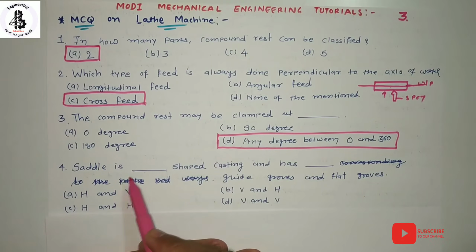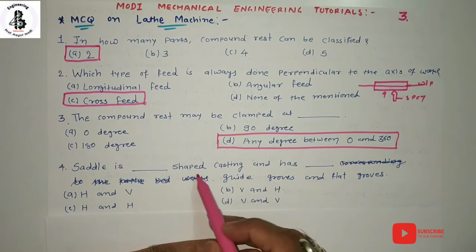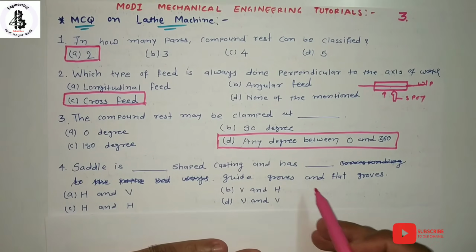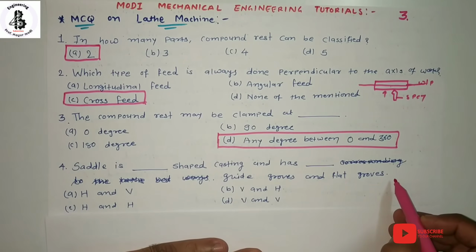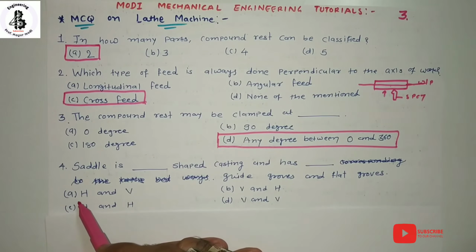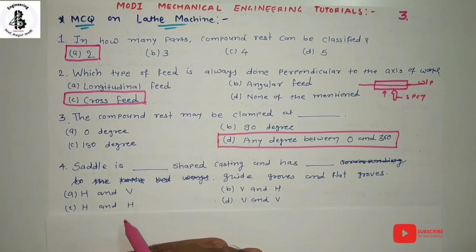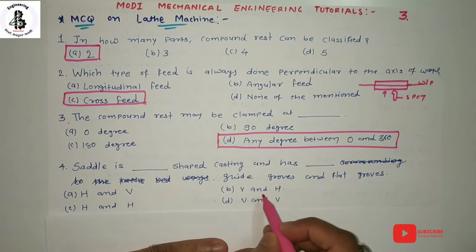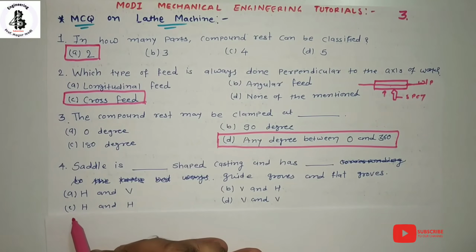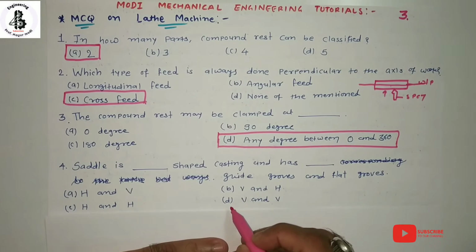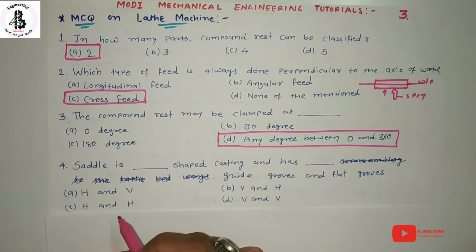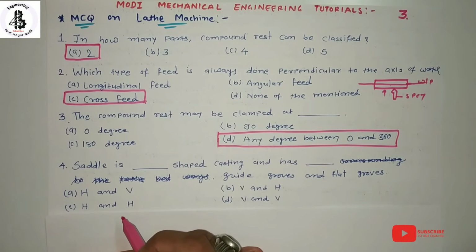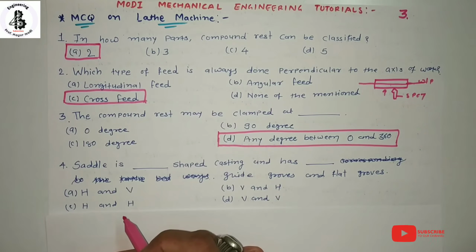The saddle is which shape of casting, and has which kind of guide ways and flat ways? Option A H shape and V, option B V and H, option C H and H, and option D V and V. That will be once again from the construction of lathe machines. If you want to learn in detail, you will find a link in my description.